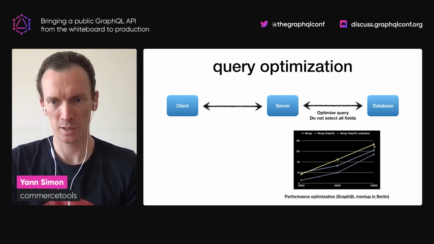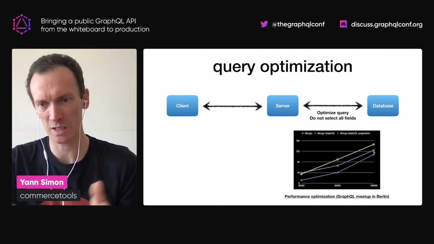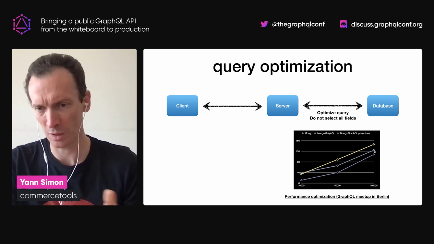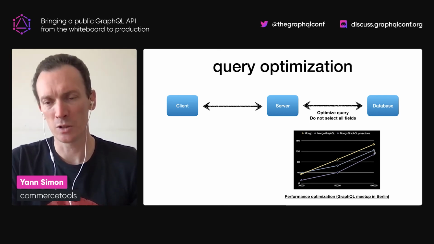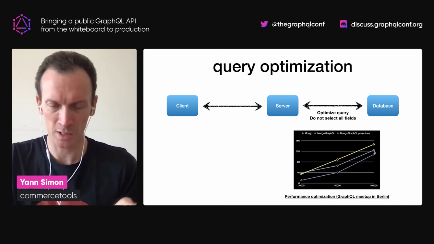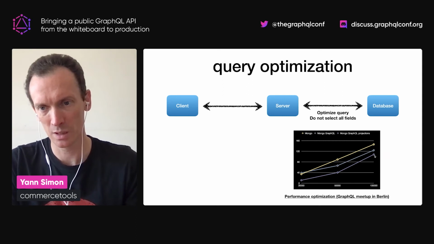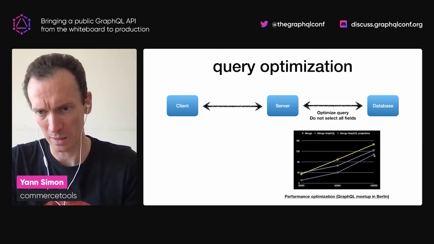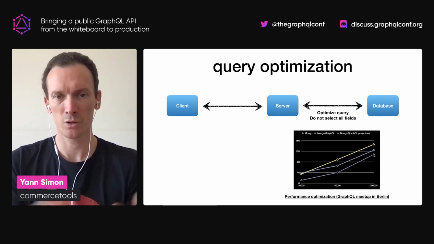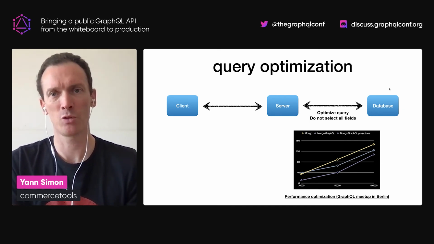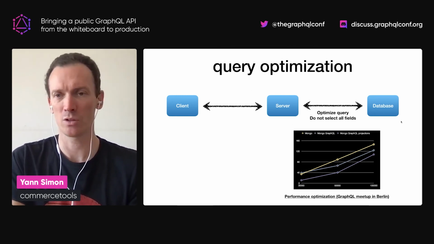You can see that just by optimizing the payload between client and server, we can already observe a performance improvement. And then by using the information from the GraphQL query to optimize the database request, you can see here that we could also observe a performance improvement. So at the end, with GraphQL, it's possible to improve the performance for the whole flow from the clients to the database.